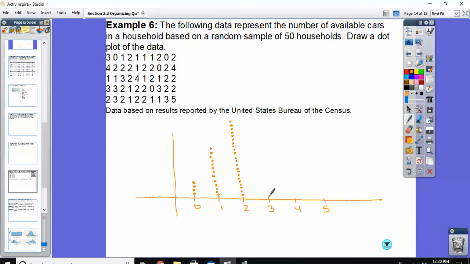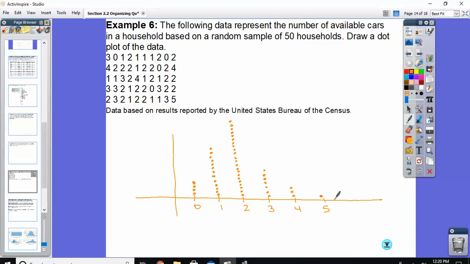Three had 7. 4 had 3, and 5 had 1. So not the most effective measure. For me, it's a lot easier to look at a bar and see how tall it is than to count dots, but you could see data represented like this.